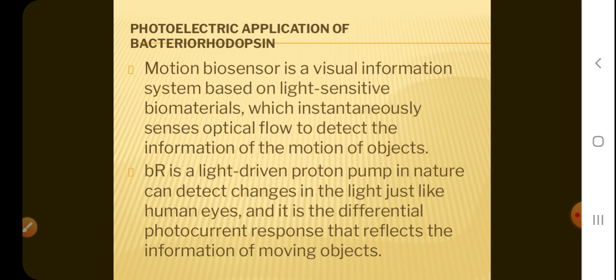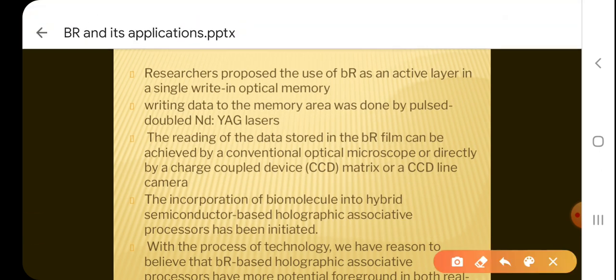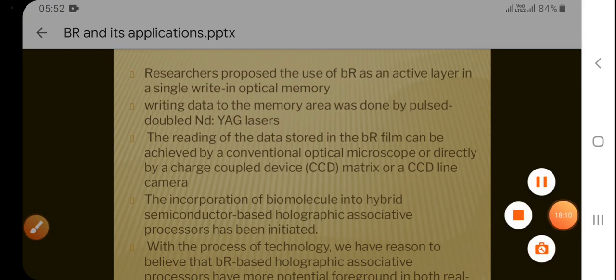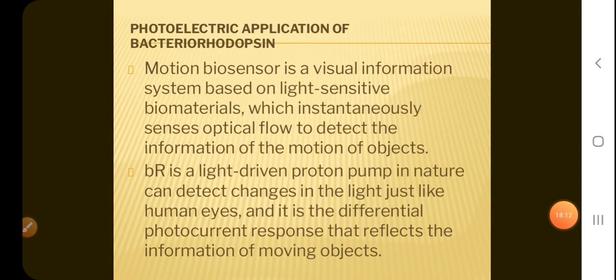Now the next one, photoelectric application. The principle you are using is the bacteriorhodopsin light driven proton pump. What does it do? It detects changes in the light, just like human eyes.